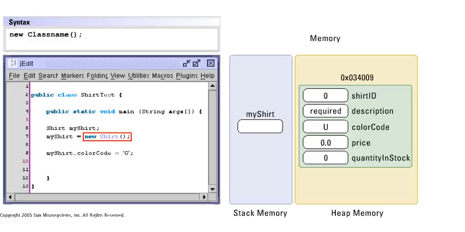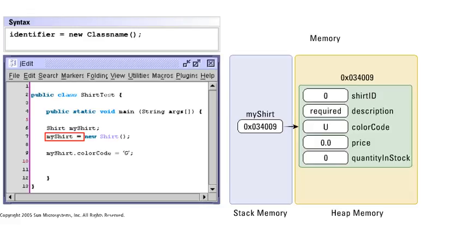Now, the new operator has a return value. Its return value is the reference to the object that it has just created. And so we need to assign that return value to our variable, myShirt. So now in this slide, we can see that the object's reference is being returned from the new operator and that it is stored in the myShirt variable.